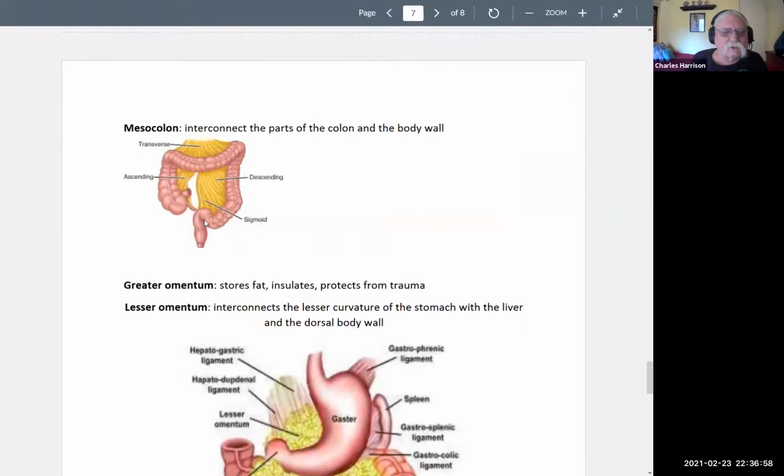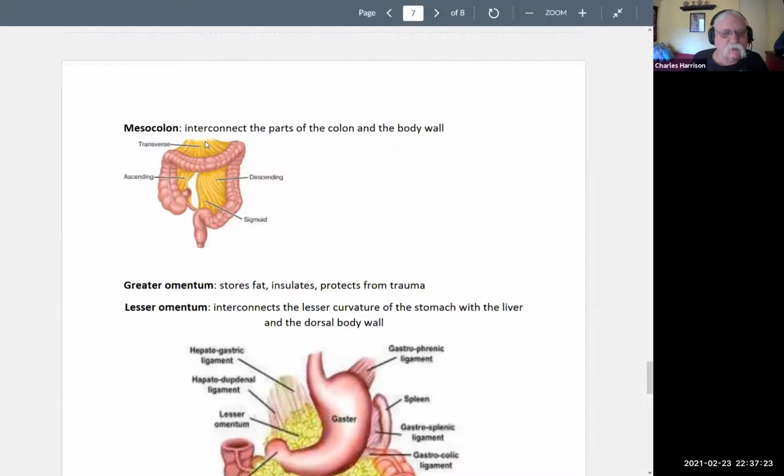For the large intestine, it's held to the body by the mesocolon. Here's the mesocolon at the transverse portion of the large intestine. Where's it going?